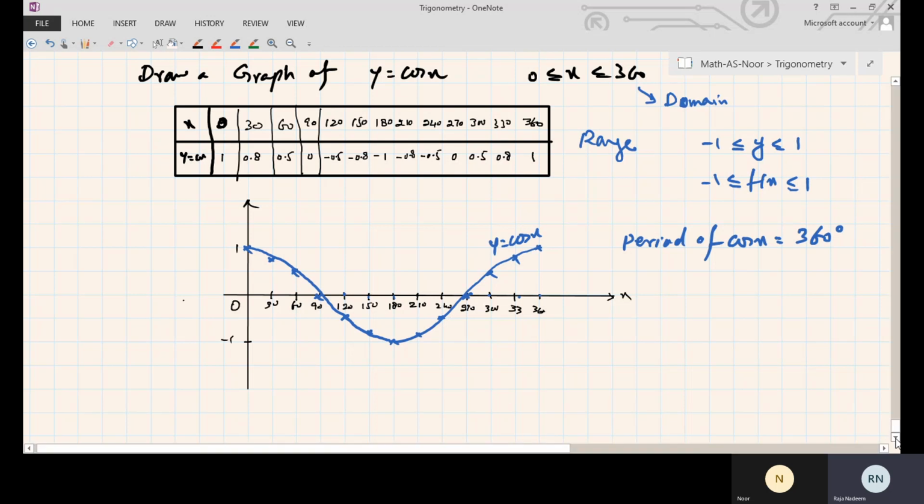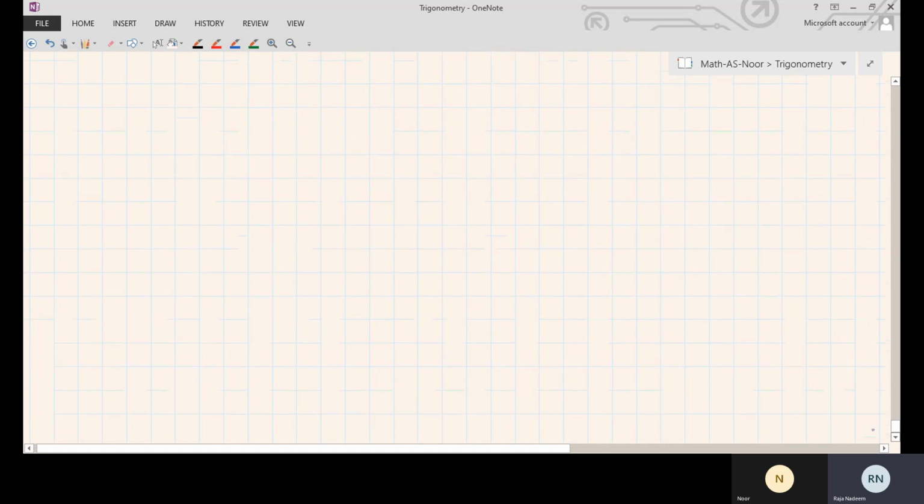Okay, now this was the second graph, and now we'll move to the third graph.